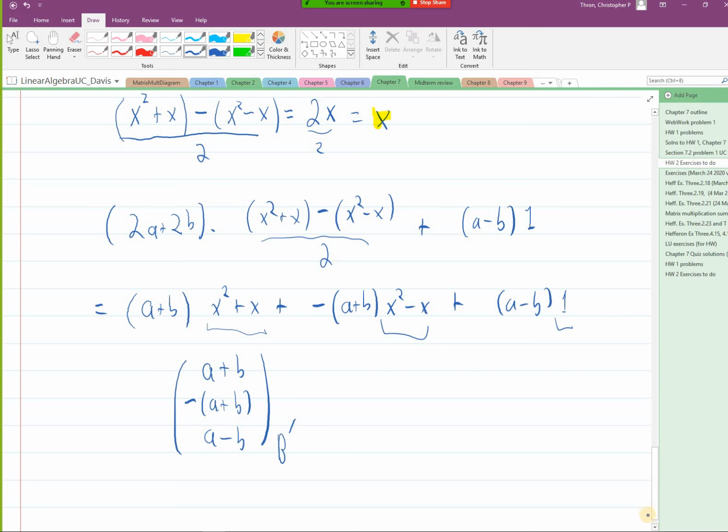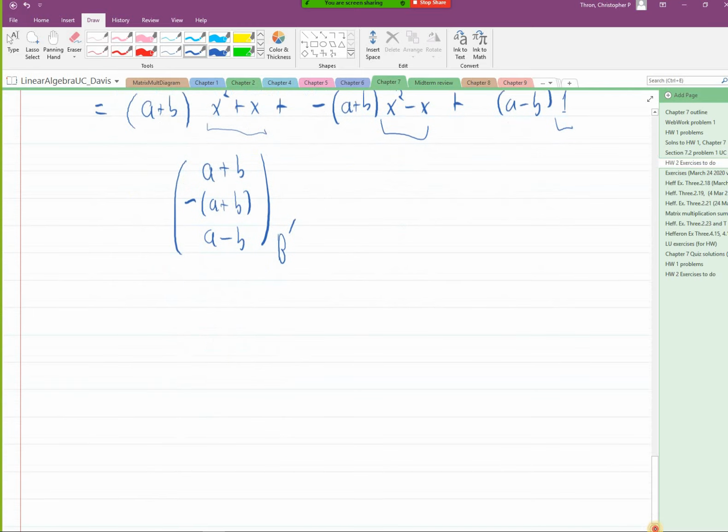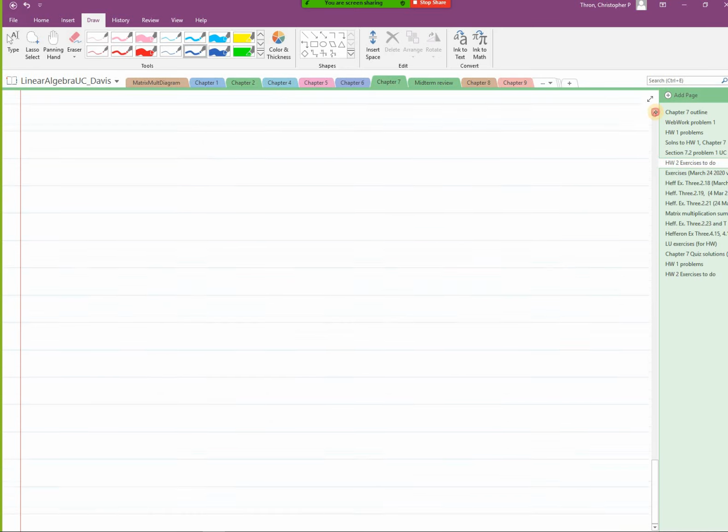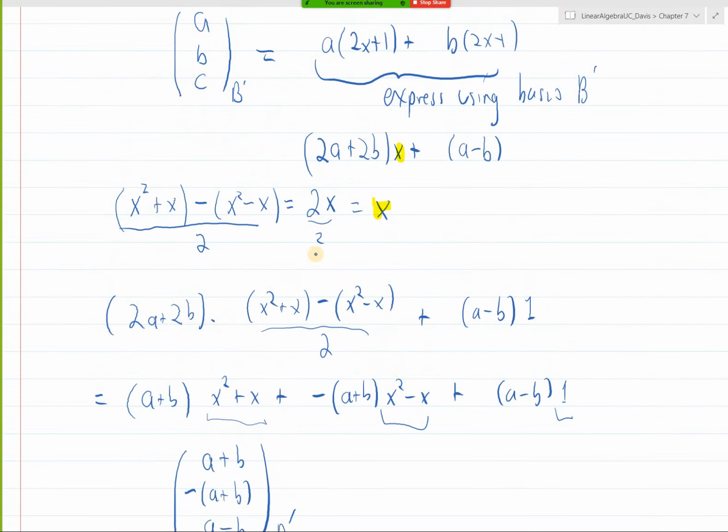I think I did too many steps, but the point now is that when we started out with this vector here, a, b, c, we computed the derivative. We re-express the derivative in terms of the same basis.